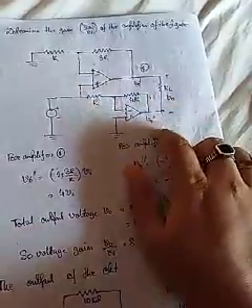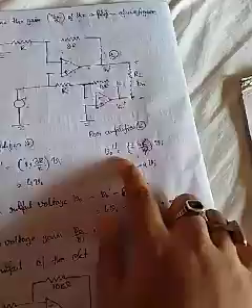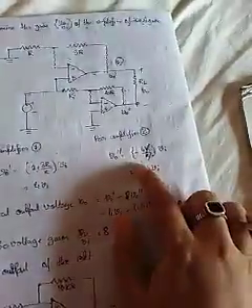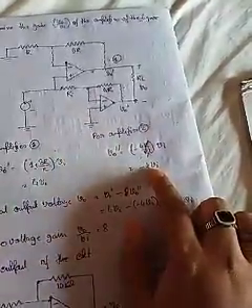For amplifier 2, V0 double dash is equal to minus R, because the input is connected with the inverting terminal, that's why minus 4 VI.